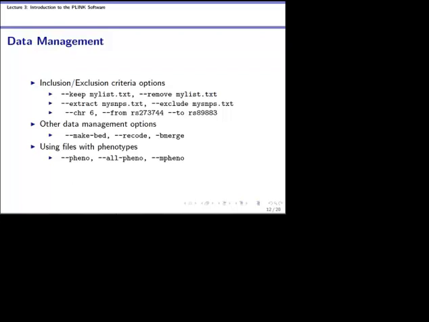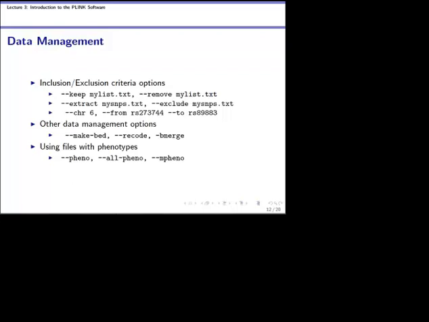I also said that you can read in files that have phenotype information. That's what you're going to do with the two phenotypes that we're going to analyze, transferrin and height. You can read it in with --pheno, for example. You can also give it a file that contains multiple phenotypes, and you can let PLINK know with an option.